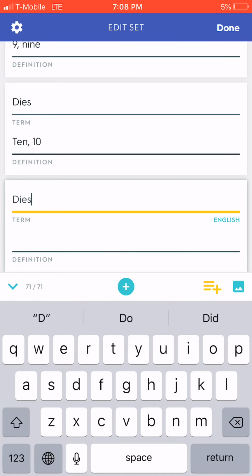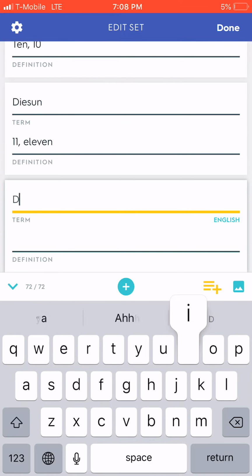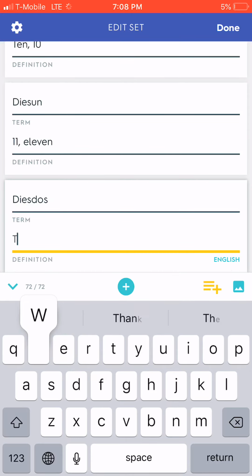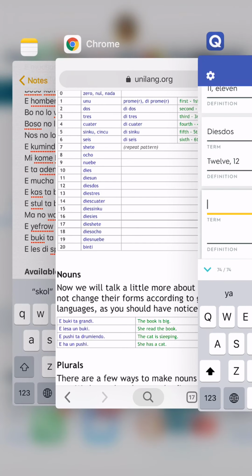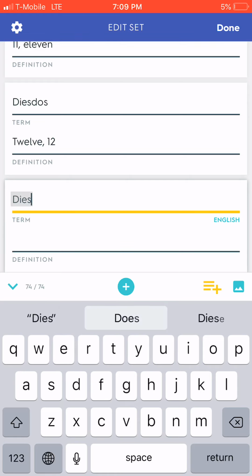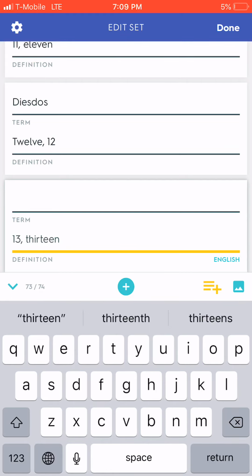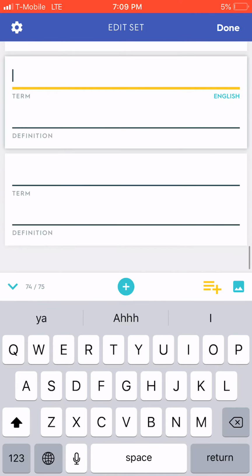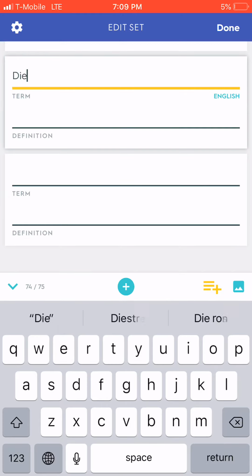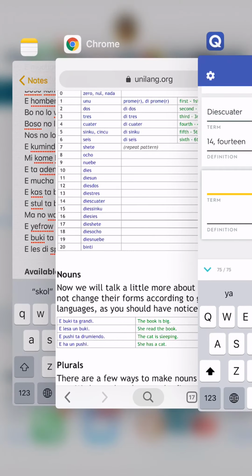So, 10 is 11. 2 is 12. 3 is 13. 4 is 14. 5 is 15.